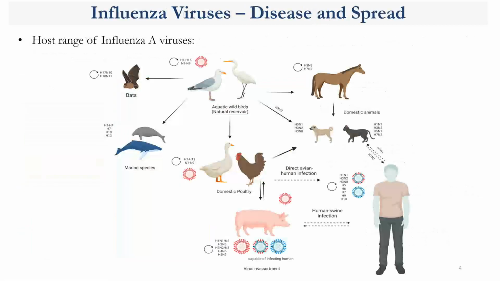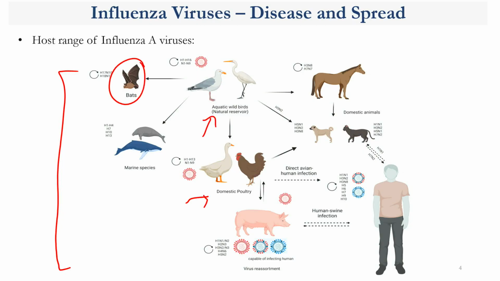It'll help you. All right, so if you look at influenza A viruses, as you can see, it can infect a variety of hosts. For example, we have bats, aquatic wild birds, domestic poultry, marine species, pigs, other animals, and obviously humans, okay?